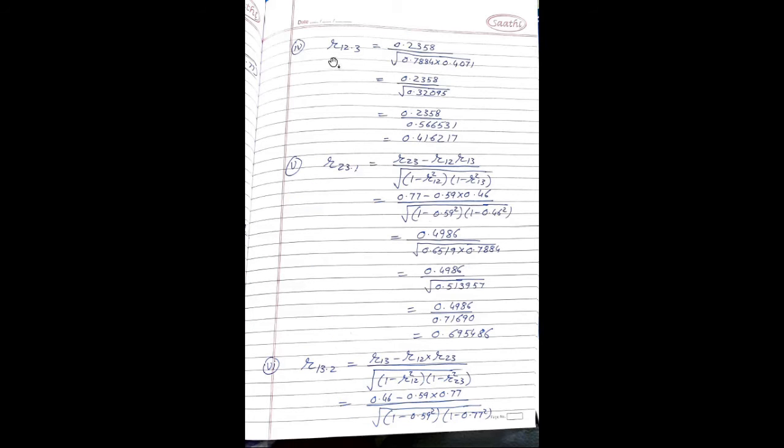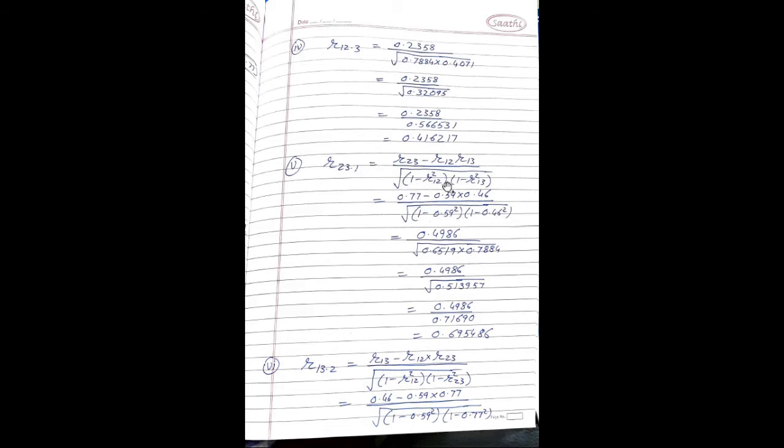Next part of the problem, small r 12.3, this is equal to, we will perform the calculations, 0.2358 divided by square root of 0.7884 into 0.4071, which is equal to 0.2358 divided by square root of 0.32095, which is equal to 0.2358 divided by 0.566531, and the final answer is 0.416217.